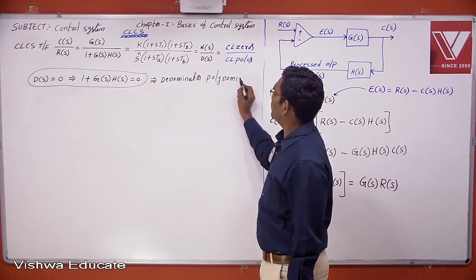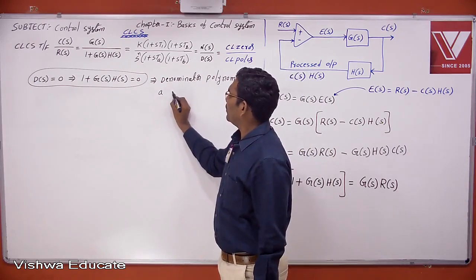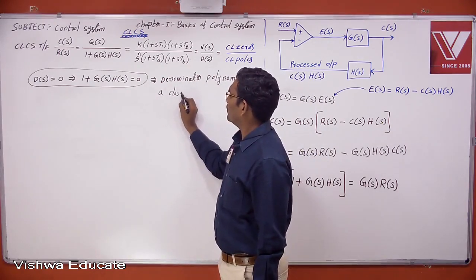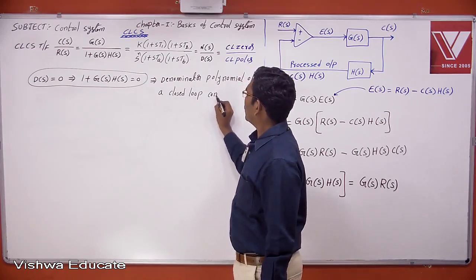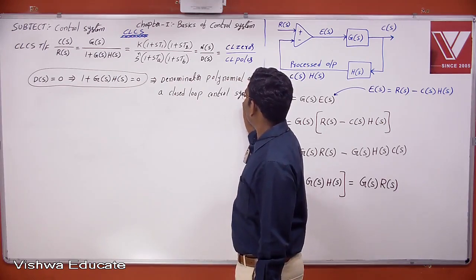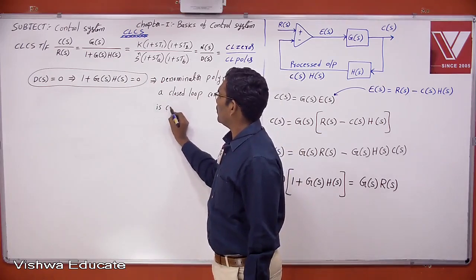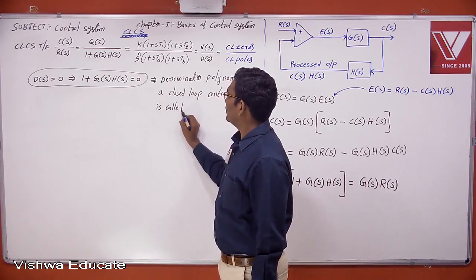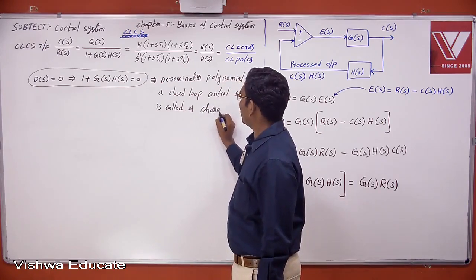The denominator polynomial of a closed loop control system is called the characteristic equation.